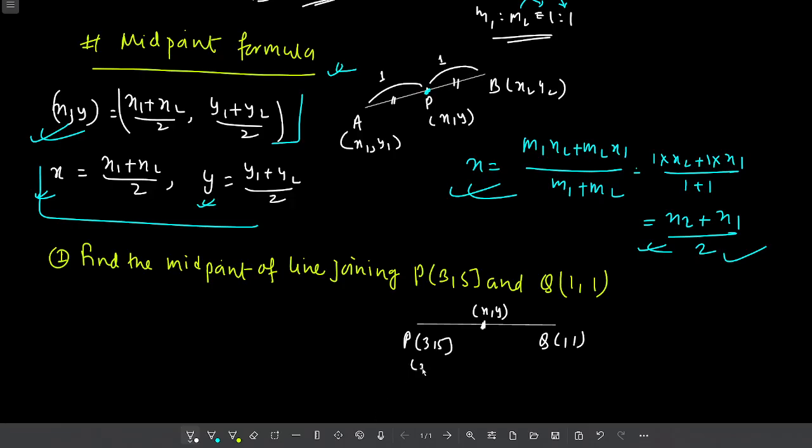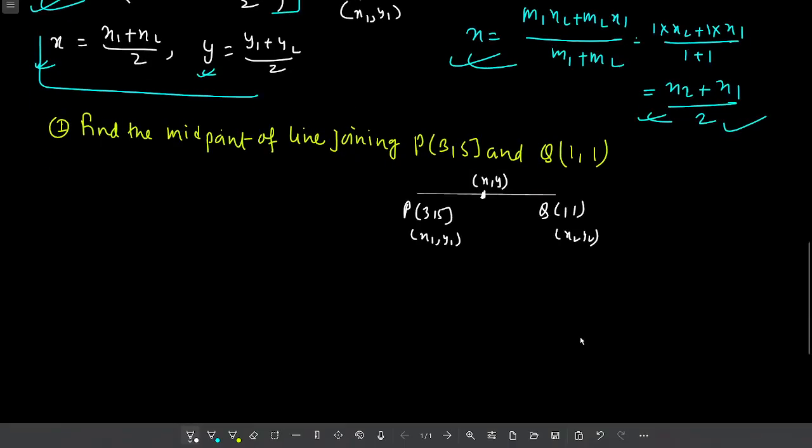P can be assumed as (x1, y1) and Q can be assumed as (x2, y2). So x1, y1 is equal to P(3, 5), and x2, y2 is equal to Q(1, 1).